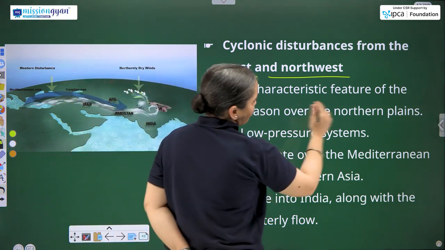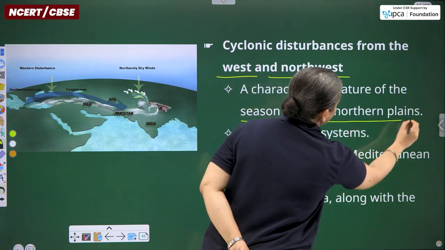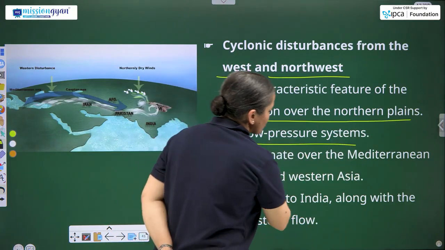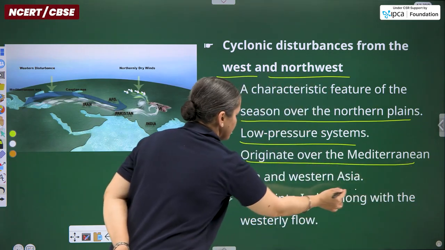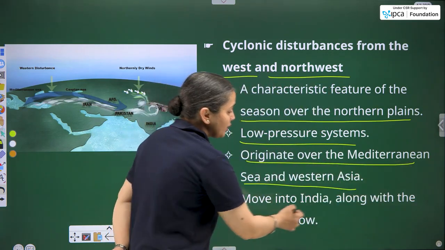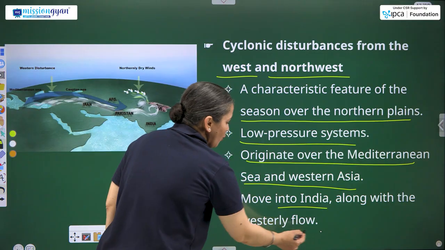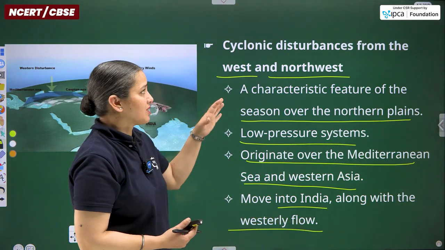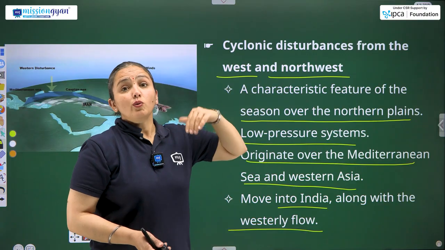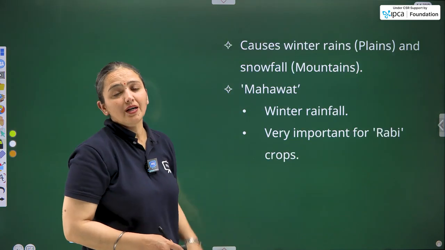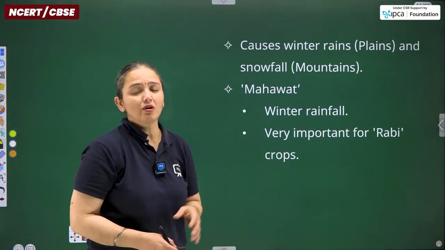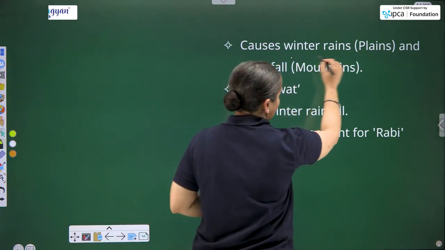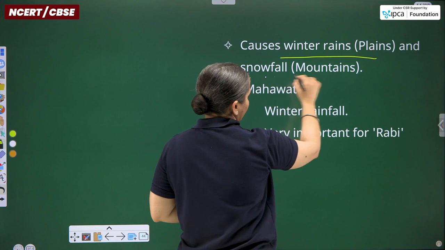So a characteristic feature of this season over the northern plains: low pressure systems originate over the Mediterranean Sea and Western Asia and move into India along with the westerly flow. So the westerly winds help these western disturbances to enter the India subcontinent, and that leads to the occurrence of snowfall and rainfall, causing winter rains in the plains and snowfall in the mountains.